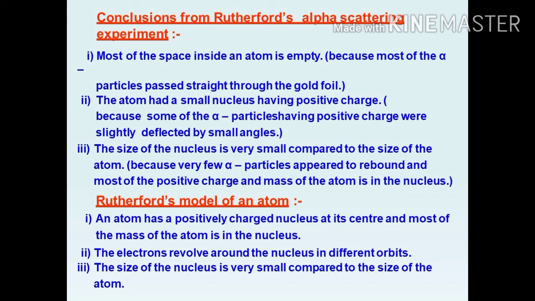So most of the mass of the atom is in the nucleus. What is the meaning of mass? Quantity. The electrons revolve around the nucleus in different orbits. What is the meaning of orbit? The electron rotating path is called an orbit. The size of the nucleus is very small compared to the size of the atom. Okay, thank you, students.